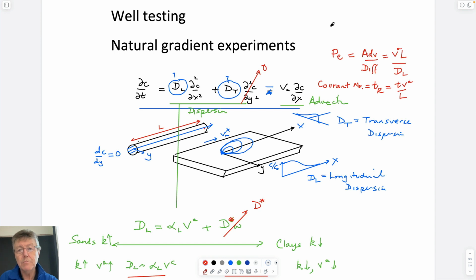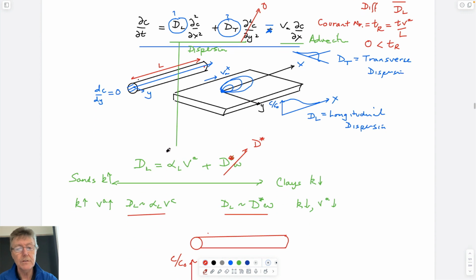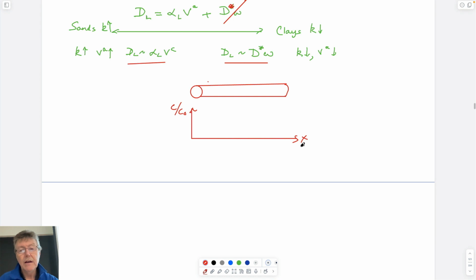The other term that we use, which also is between 0 and 1, is TR, is greater than 0. I guess it's not limited to that because you can keep on flushing the core after you've completely filled it. So it's not limited to 1.